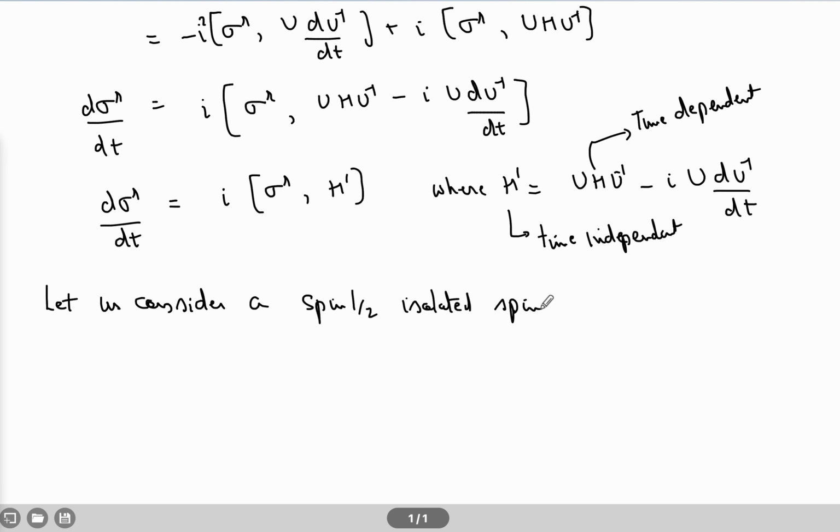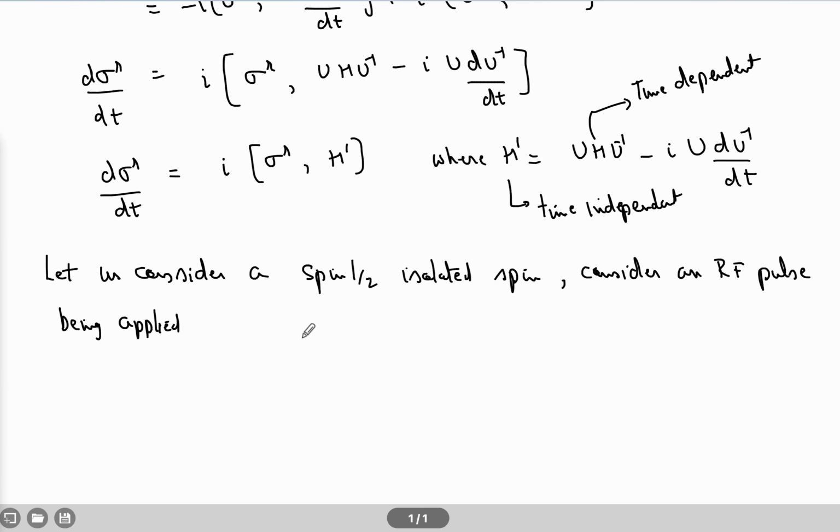So we are considering a simple spin half system, and consider an RF pulse being applied, because we know that an RF pulse is a time dependent Hamiltonian. We will see how it is time dependent. RF pulse is being applied on this.